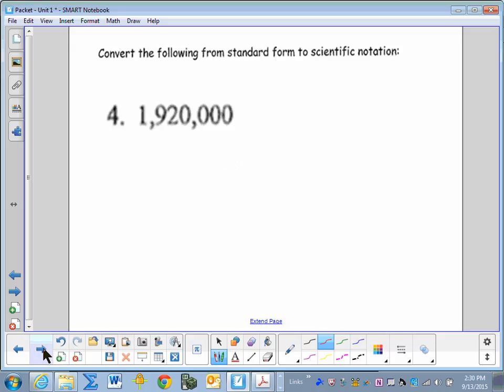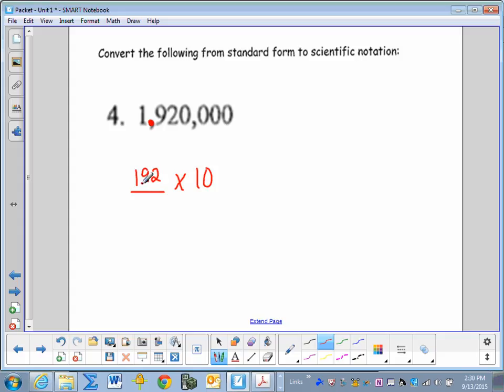Number 4, convert the following from standard form to scientific notation. When we write in scientific notation, we have a number that is 1, 2, 3, 4, 5, 6, 7, 8, or 9 times 10 to the something. So here we're going to have a 1.92.